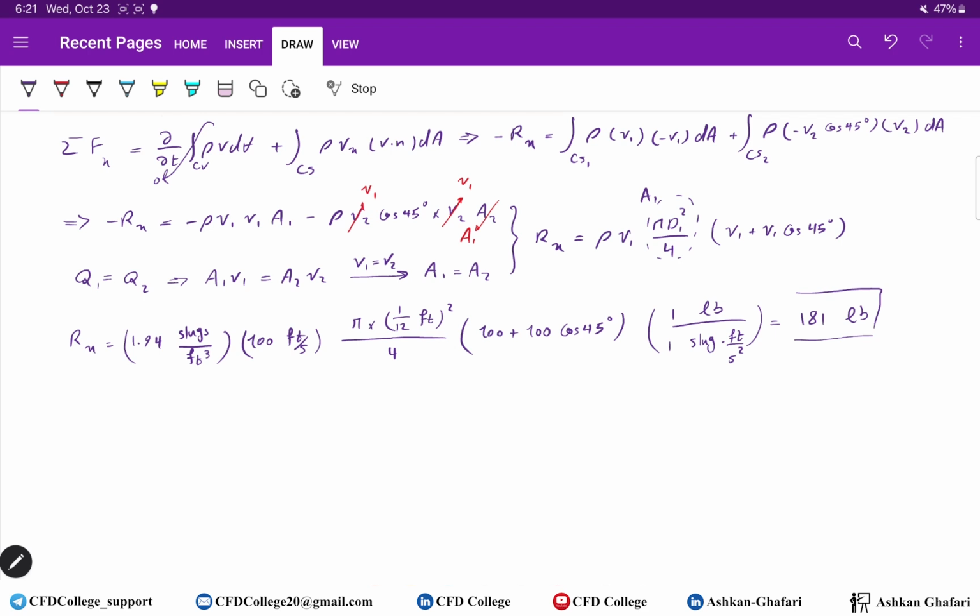For the second part, we should consider that the control volume is moving with a constant velocity of 10 feet per second.